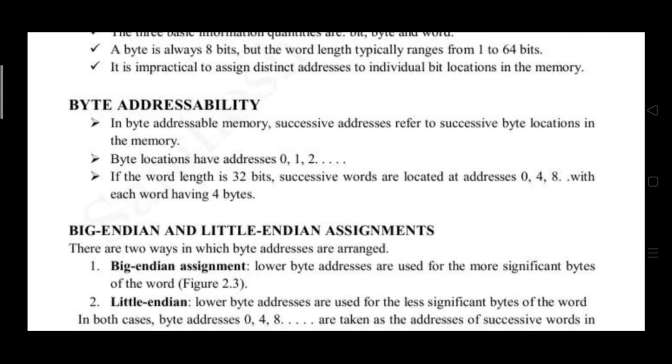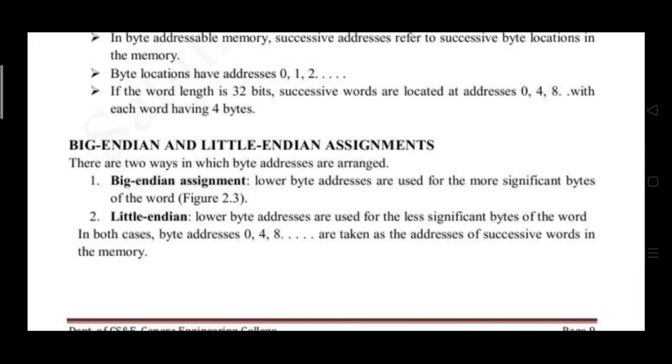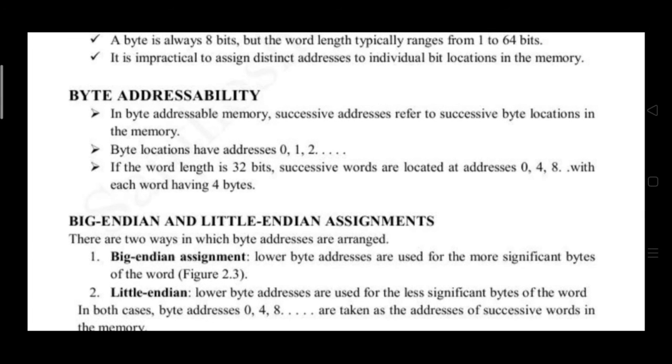There are 2 types of byte addressing: the big endian method and the little endian method. We can address the bytes from left to right or right to left. Left to right is called the big endian method, and right to left is called the little endian method.